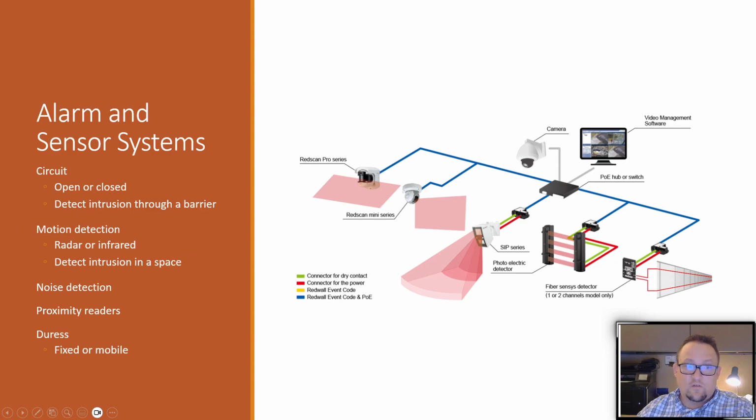Which brings us into alarms and sensors. Alarms and sensors do pretty much the same thing. They can be open circuit or closed circuit, which means they could be within the network or maybe they're by themselves. We need to know the different types. We can do motion detection. They can be infrared or radar. They can be noise detection or proximity readers.